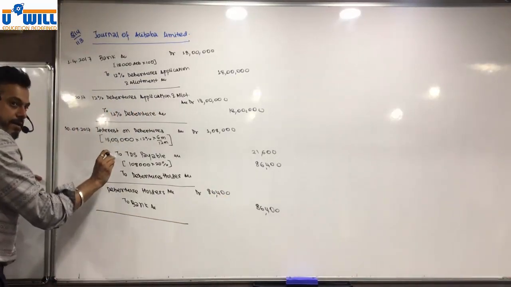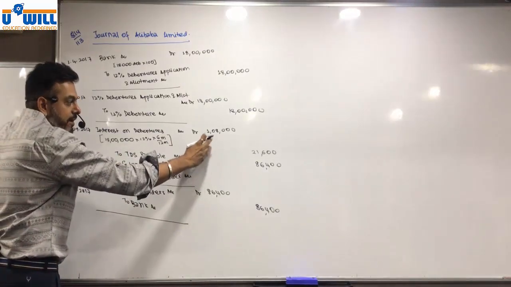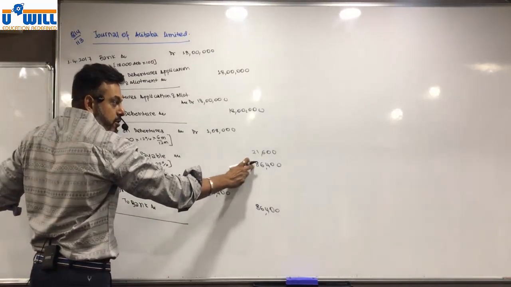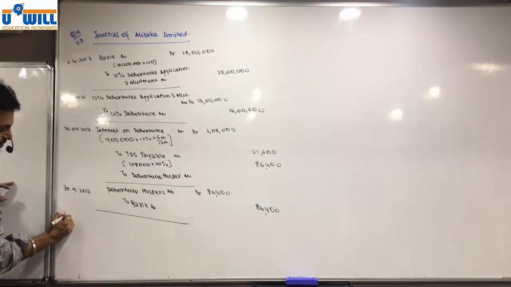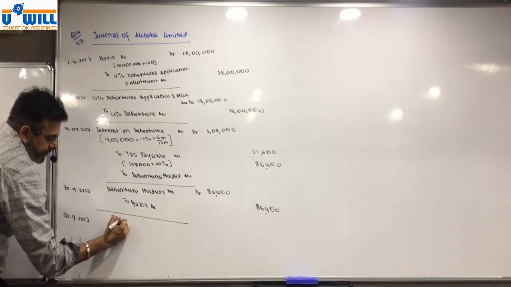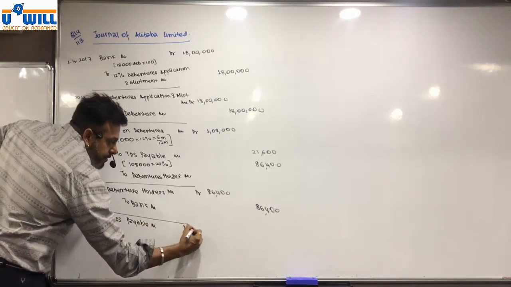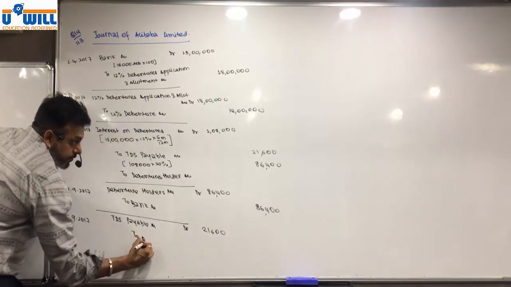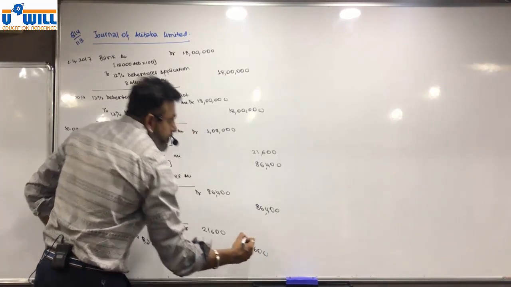The tax we collected, that we deducted, basically we should have paid 1,08,000, but we paid this to debenture holder. This we have to pay to the government. So next entry, 30th September 2017, TDS payable account debit 21,600 to bank account 21,600.